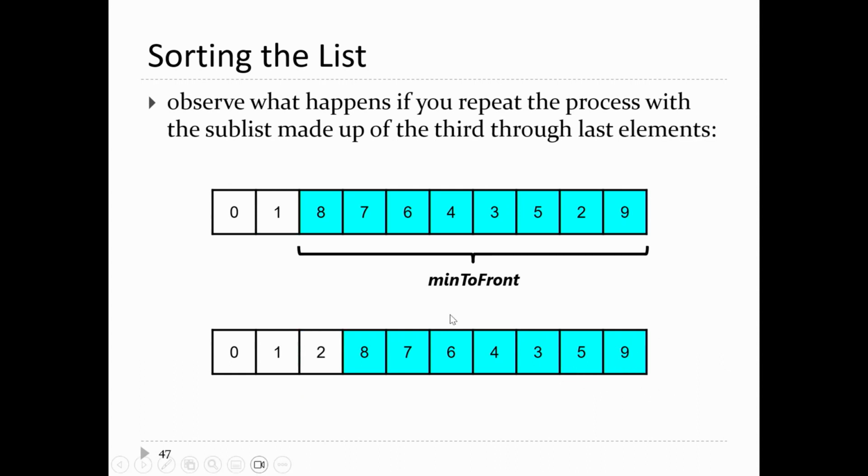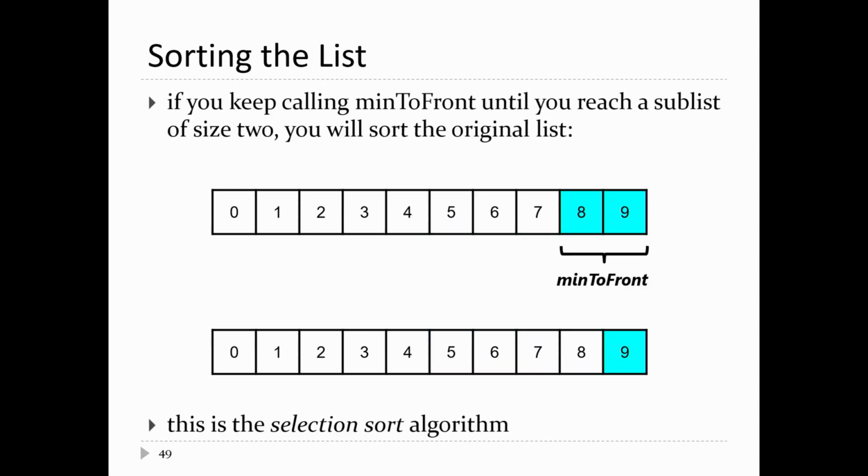So that moves the 2 to the front of the sublist, and I end up with 0, 1, 2. I now call min to front on the rest of the list, and so on, until I get to this case here.